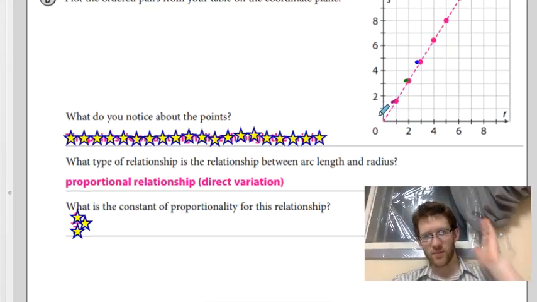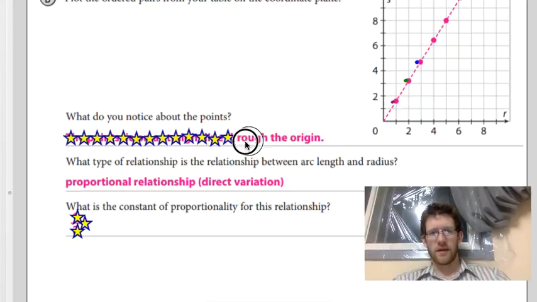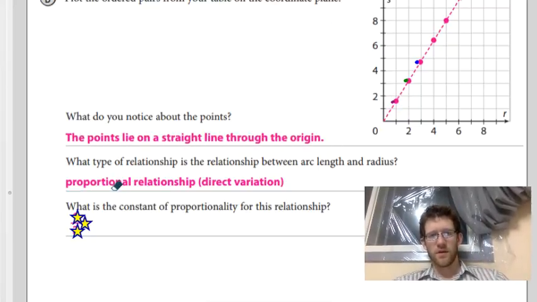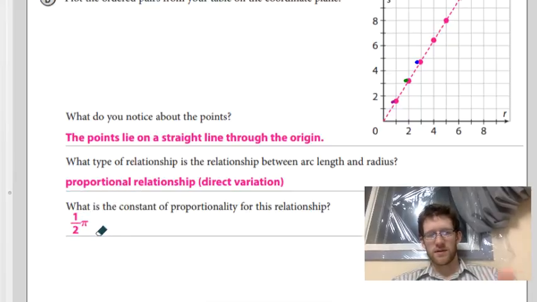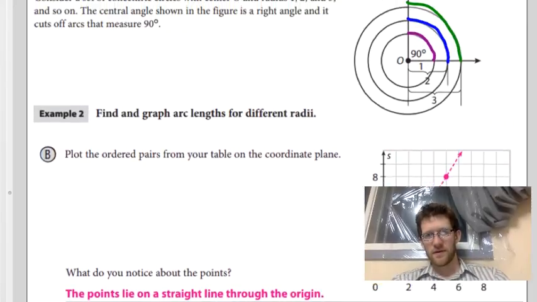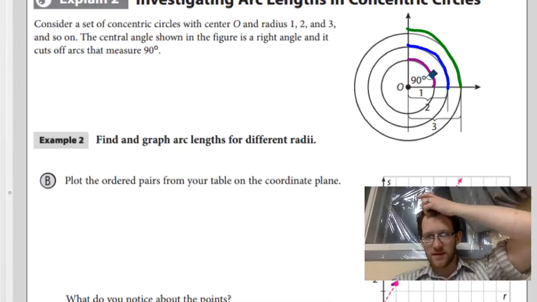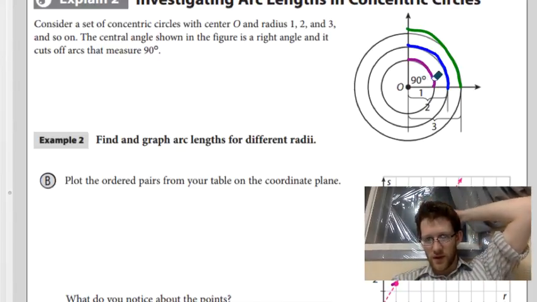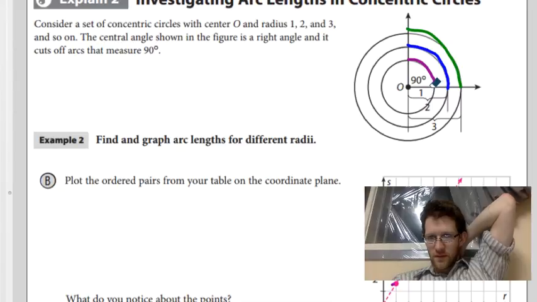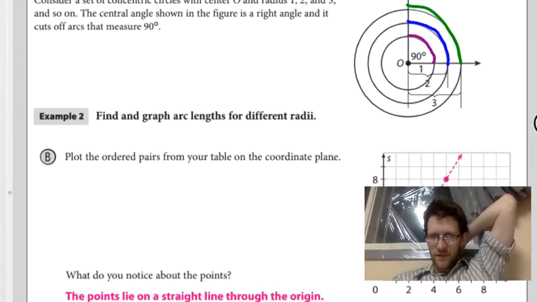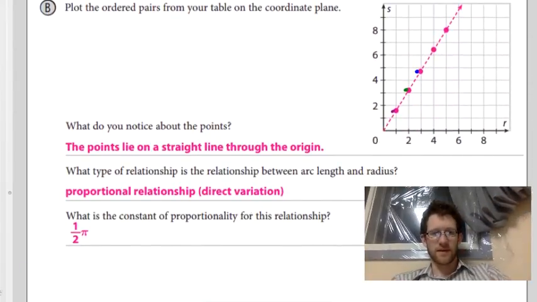It's called a proportional relationship or linear relationship, direct variation. This isn't a number you need to know, but it's simply 1/2 pi. And I think the reason why they're getting toward that is they're getting toward the radian stuff, which we'll get to in a second.